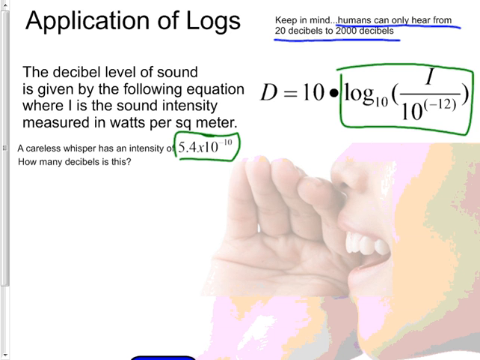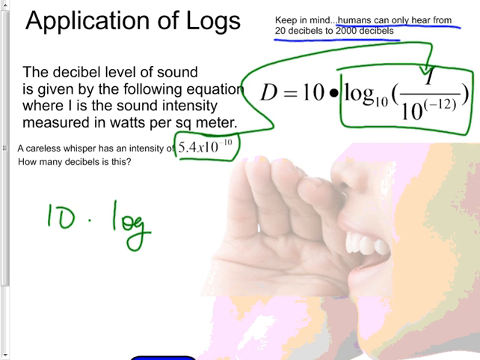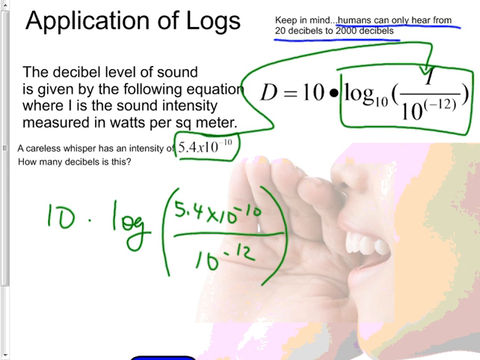And so that goes in right there. You'd have 10 times log, and if I don't say base 10, it means base 10, of 5.4 times 10 to the negative 10th over 10 to the negative 12th. You'd have to take some time to put that into your calculator, but it's not impossible. You take the log of that and then multiply by 10, and that'll tell you your decibels.